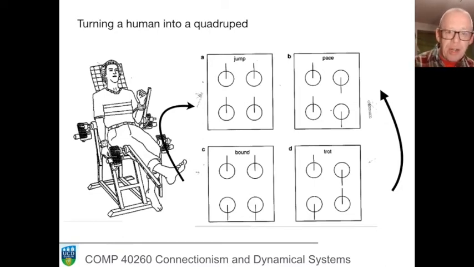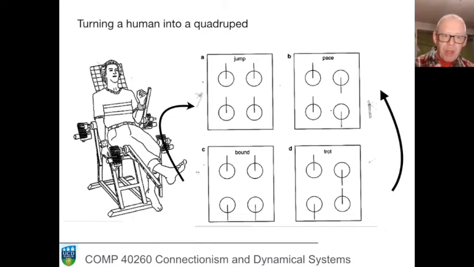And you can study the dynamics of the transition, look for critical fluctuations, look for the effects of asymmetries, vary weights, vary speeds. So you've got a fruitful research paradigm here into human quadruped organization. And once more, the goal is not to understand human quadrupeds. The goal is to understand coordination in the abstract.